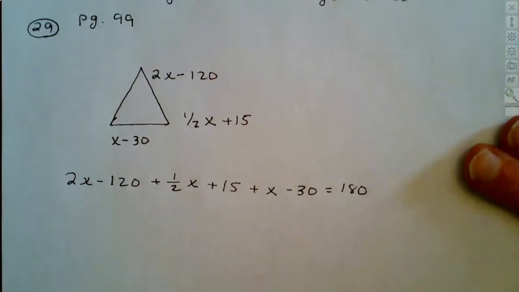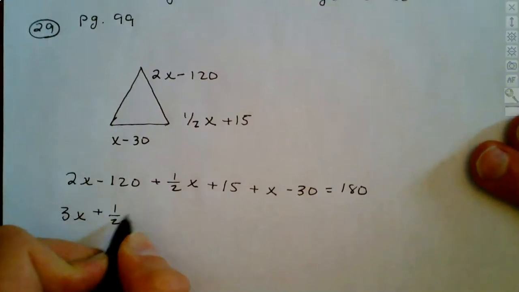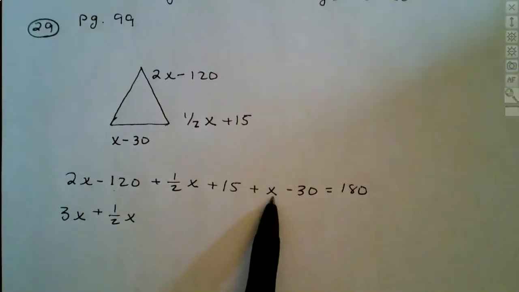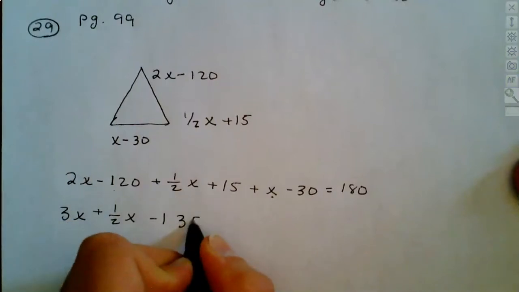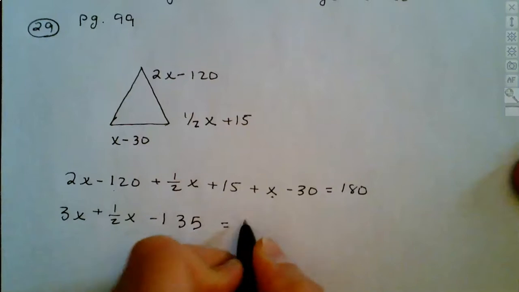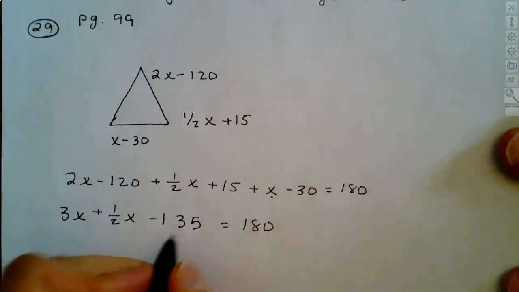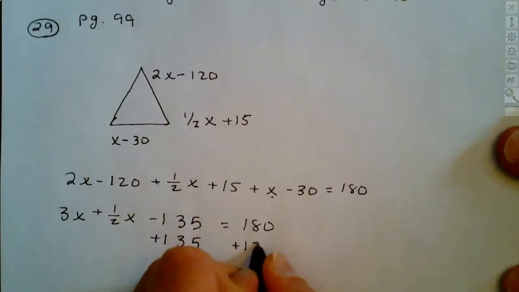So it looks like we've got 3x plus 1/2 x. And then we've got 120 that's negative, 30 that's also negative, and then 15 that's positive. So that makes it a minus 135. And that equals then 180. I'm going to go ahead and add that 135 to each side to move it over.